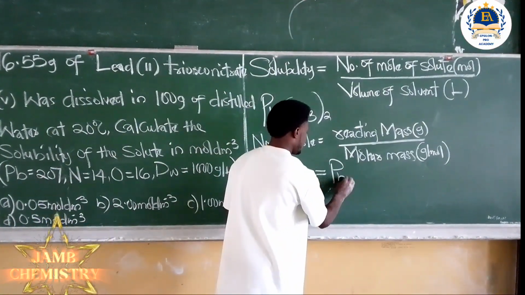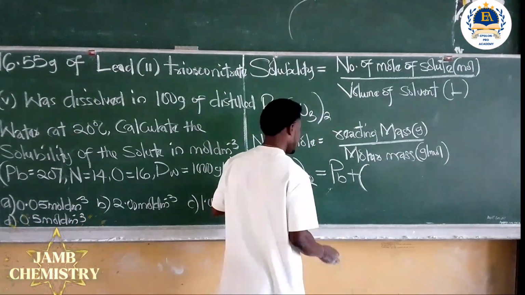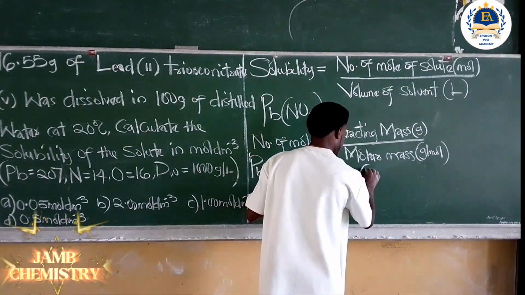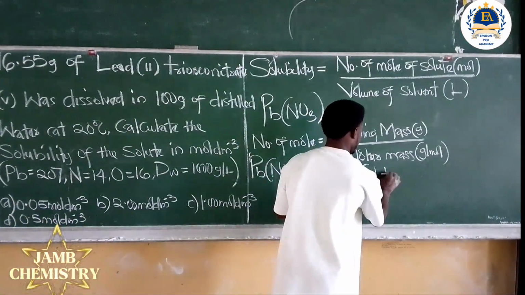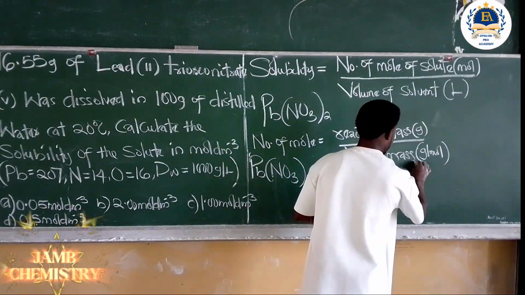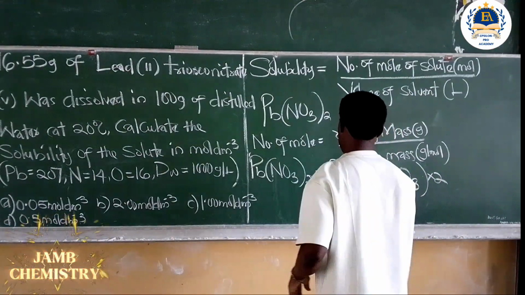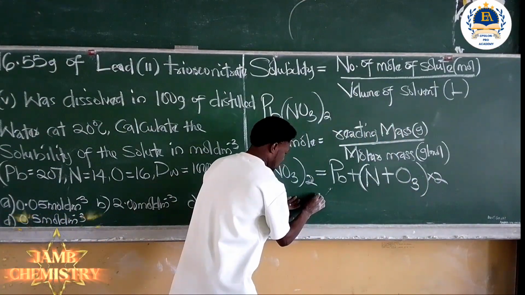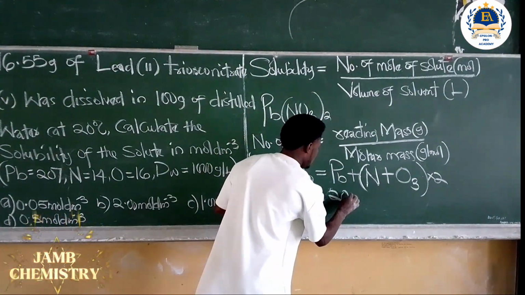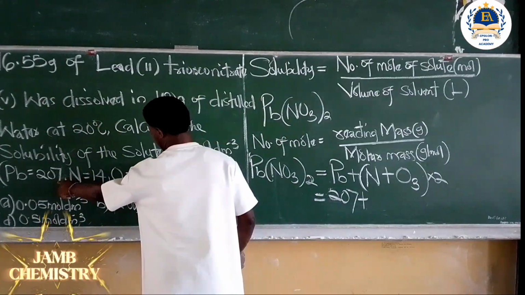That is Pb plus, in bracket, nitrogen N plus oxygen O subscript 3, times 2. This becomes: lead is given as 207. The atomic mass of lead is 207.